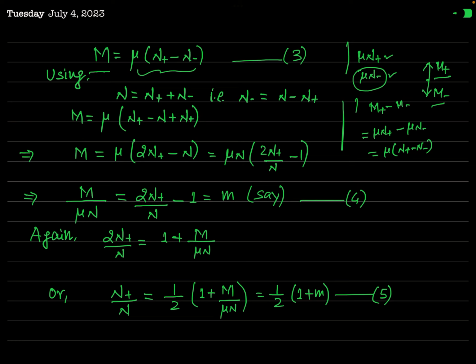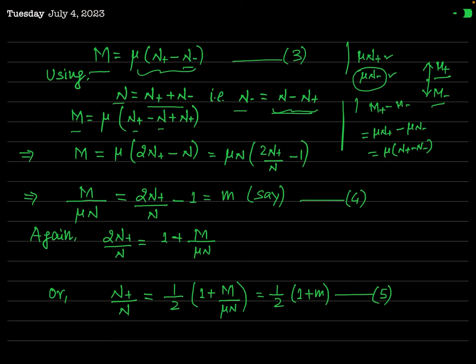Now we will replace this n minus in this equation in terms of n. For this, the total number of lattice points n is equal to n plus plus n minus, and so from here you can see that n minus will be equal to n minus n plus. So replacing this n minus from equation 3 by this expression, you will get m is equal to mu times n plus minus n plus n plus.